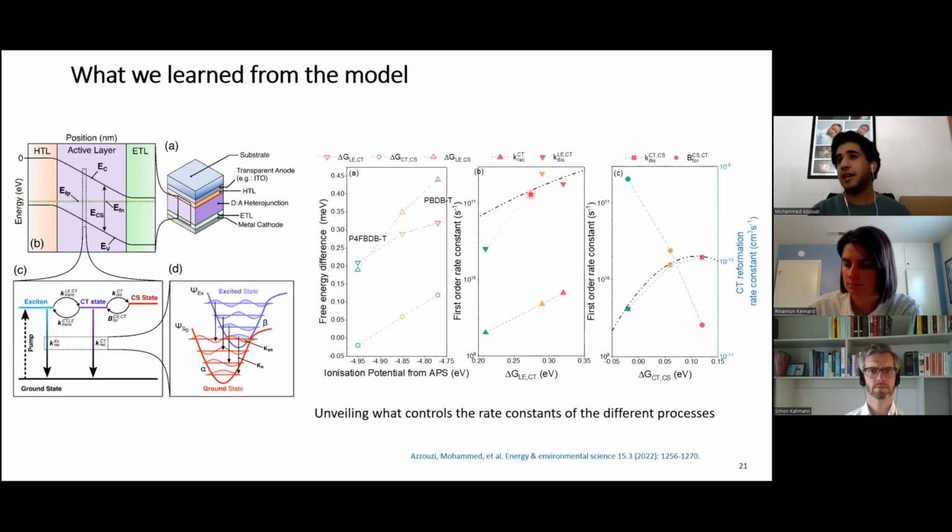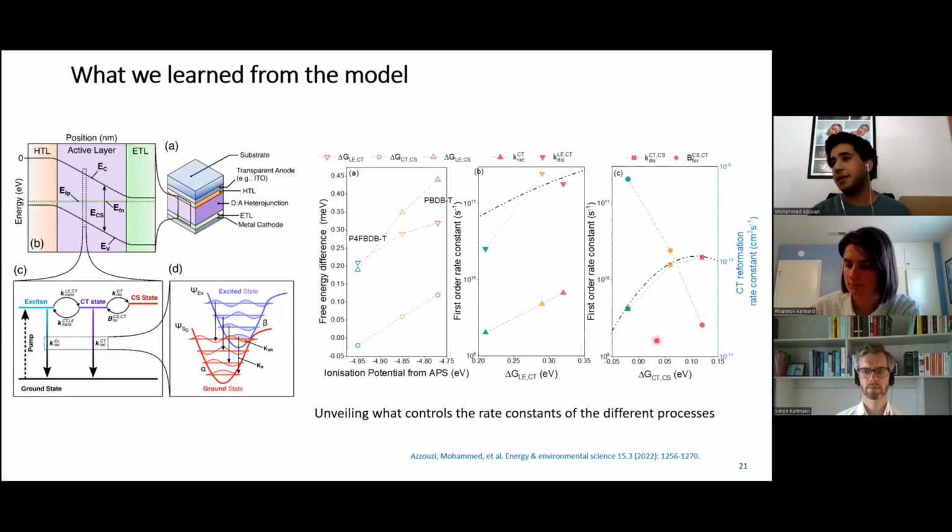Here we tried just a Marcus-like electron transfer rate to see if it fits, to a certain extent, the relationship between these two. And it's not very convincing, so there might be something more complicated than that.